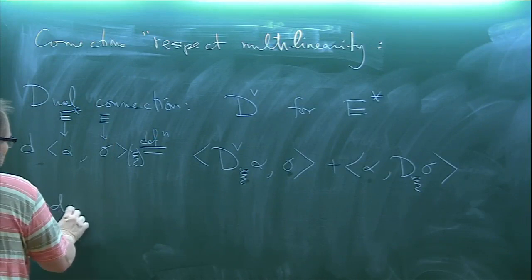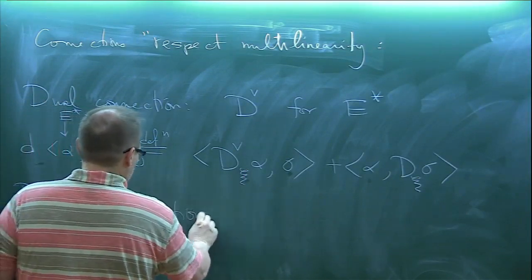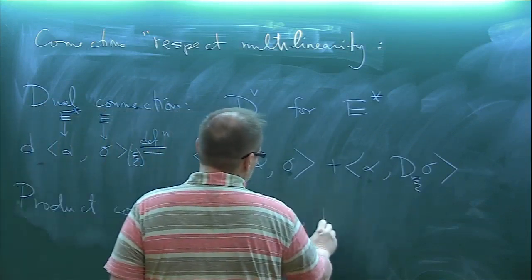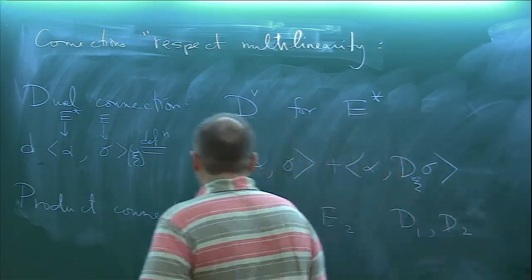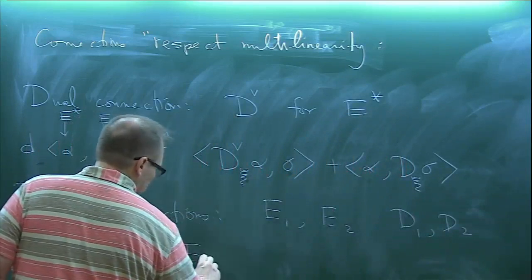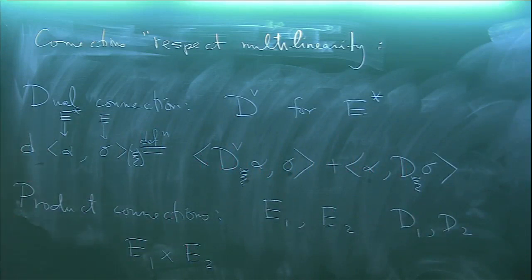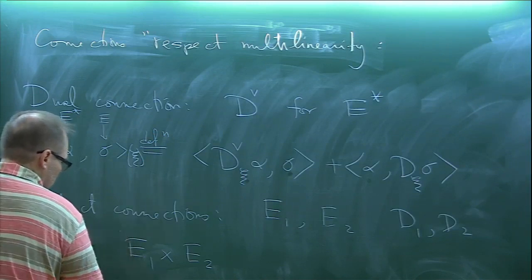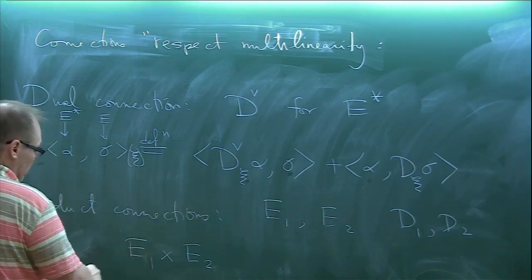Then you have product connections. So if you've got, say, E1 and E2 with connections D1 and D2, then you can make any product of E1 and E2. So I'll write it as a general product, but it could be the tensor product, could be the wedge product, and so on. So what's the product connection for these things?